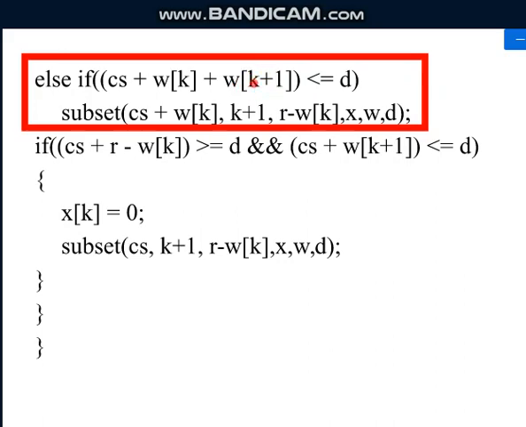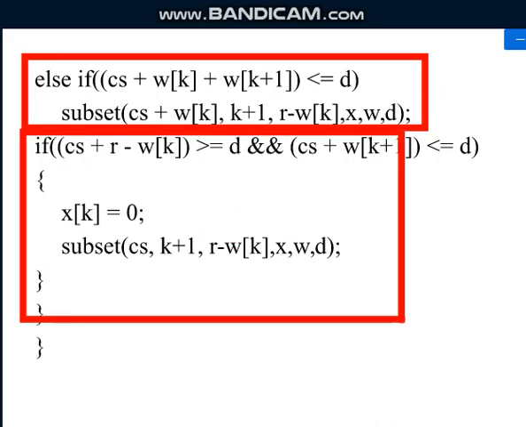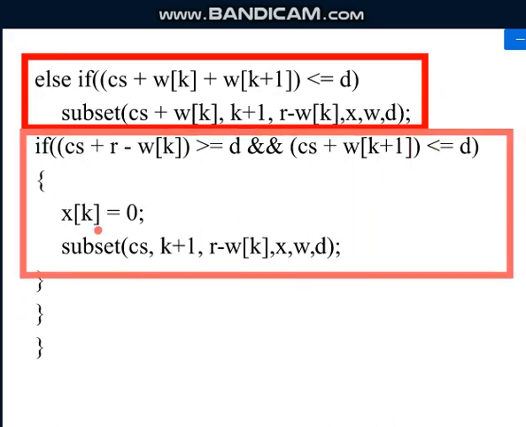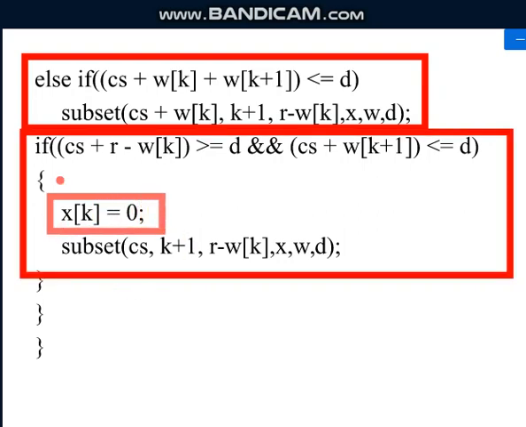Okay, otherwise what you are doing, you are excluding. So here if you look at the second case, you are excluding. See, look at this, that is why you have made x of k equal to 0. So you are excluding that and then proceeding with the next element. Okay, so the current sum and the remaining one.